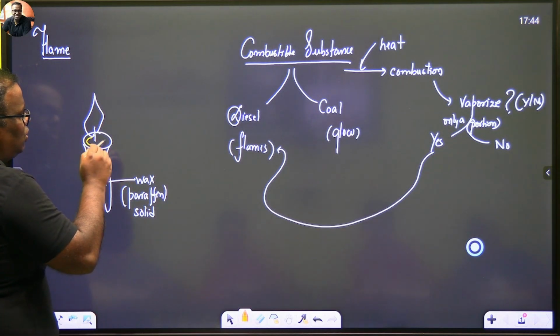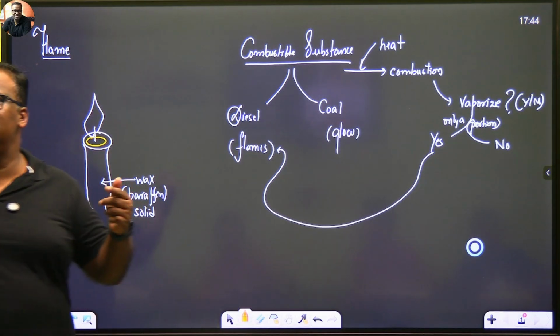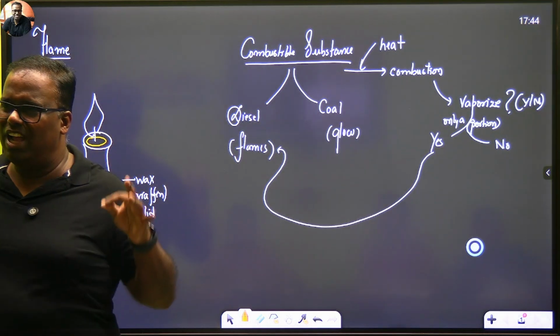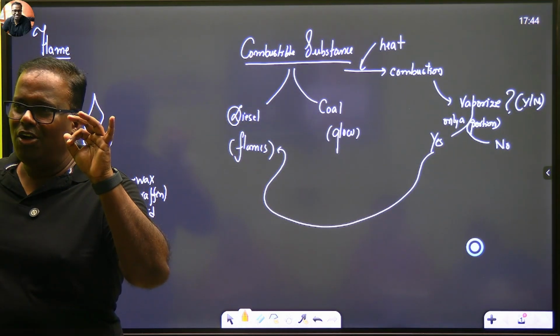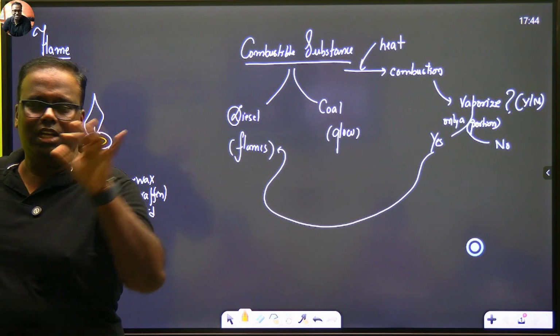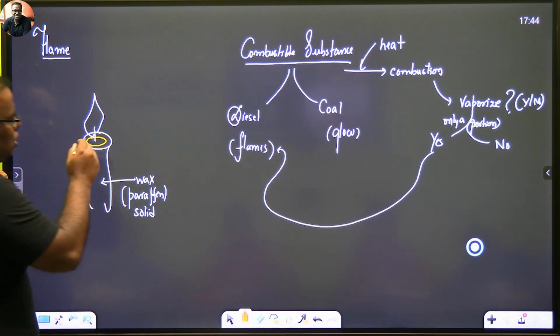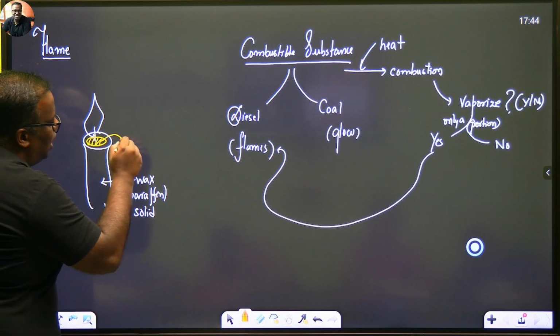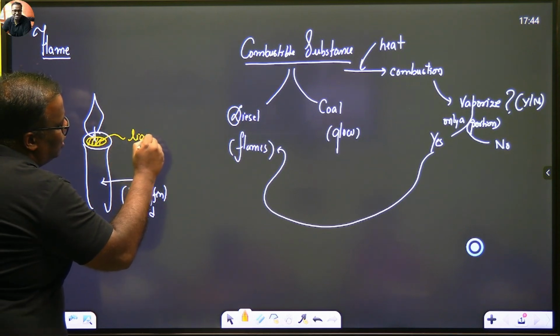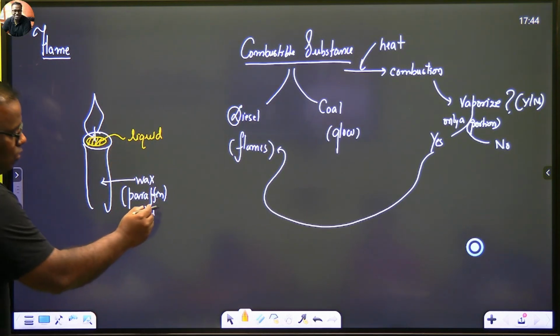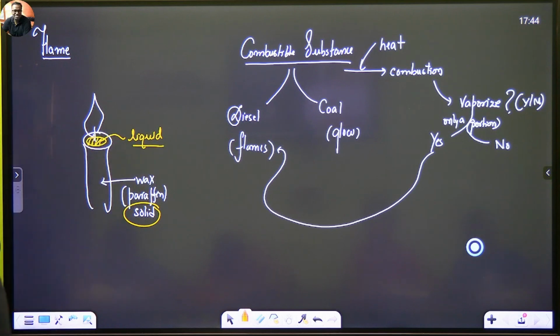Have you experienced this? You take a lighted candle and some hot wax falls on your hand. You feel some momentary hotness. After that, it peels off like a beautiful skin. Have you seen that? In this portion, I will be seeing the liquid version of paraffin, right? Here it was solid. Here it is liquid.